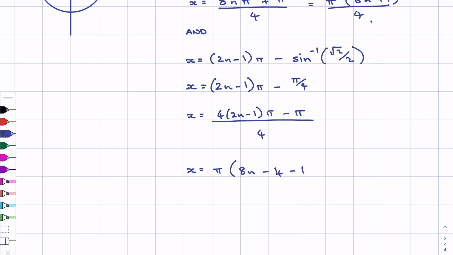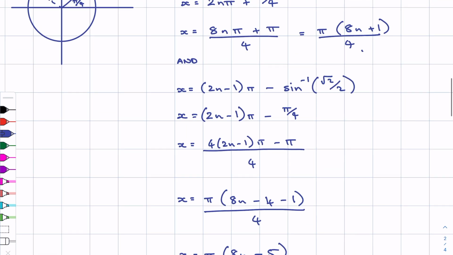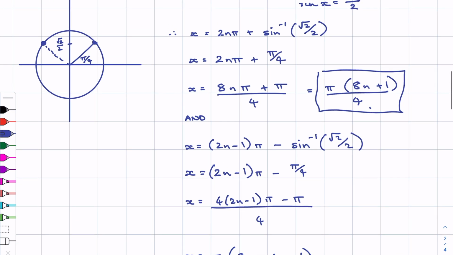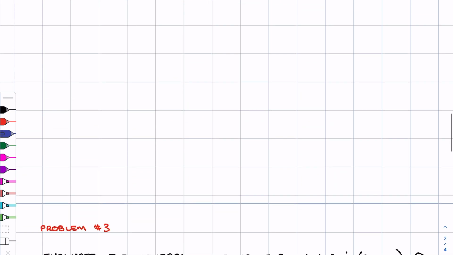Should be 4n minus 1 all on 4. And there we have our general solution. So one general solution is found here. One general solution is found here. And that's how we're working with it.